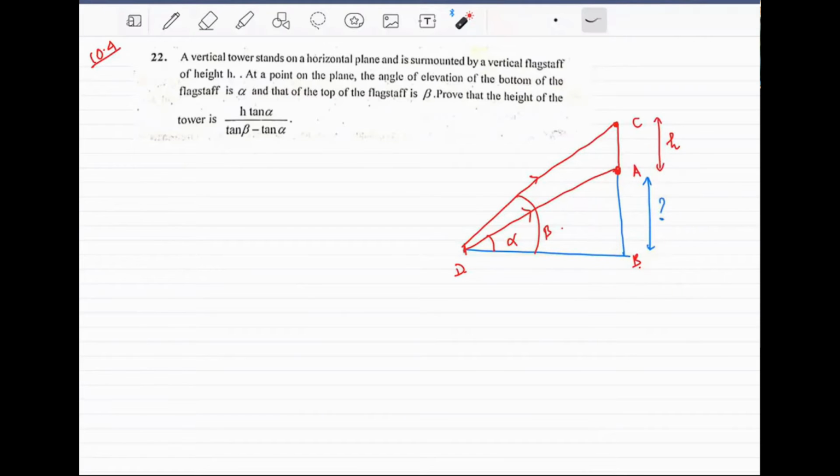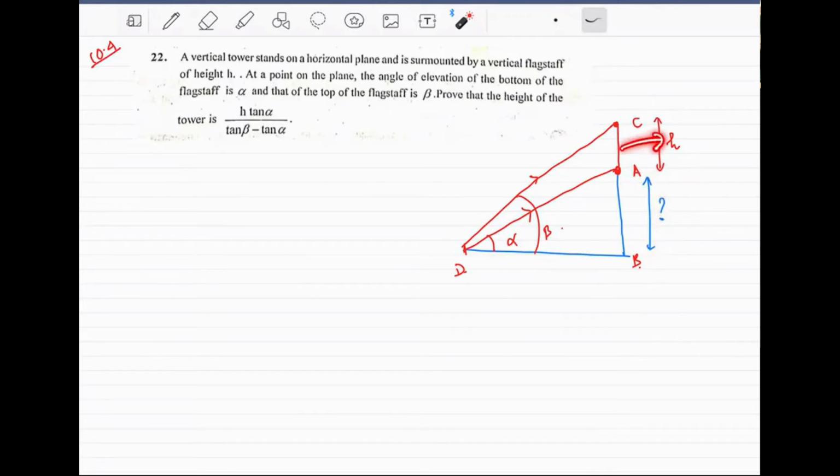How to find out AB? AB is this part right here. How to find this out? From this whole part, if I cut off this part right here, then we will obtain the height of the tower. Right. But we don't know this whole part. We don't know this. But we know this to be h.